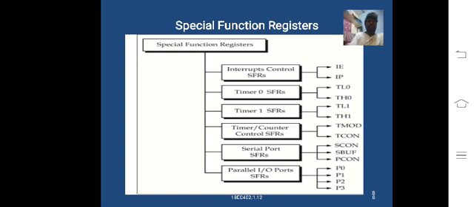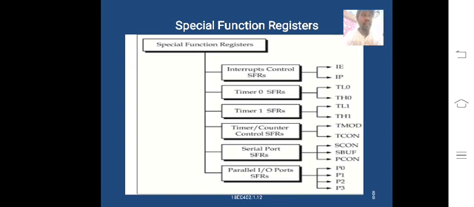The special function registers of the 8051 microcontroller.